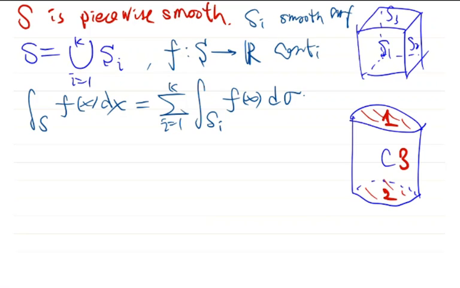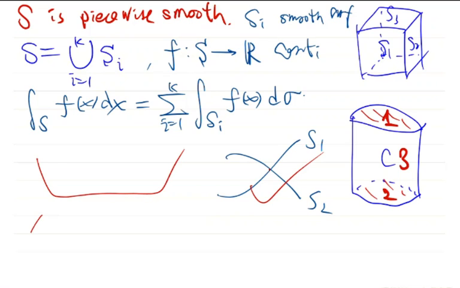Of course, if the surfaces intersect, for example, this is S1, this is S2, this is okay. We allow some negligible intersection, but this one is not okay. So this is S1, this is S2.